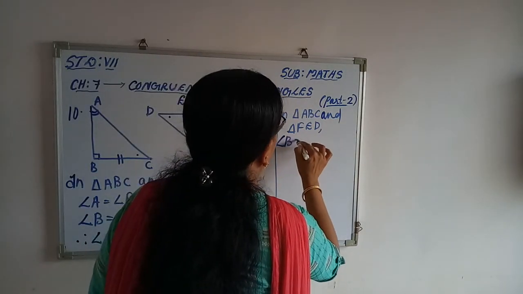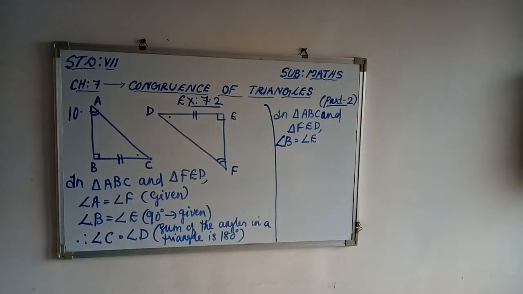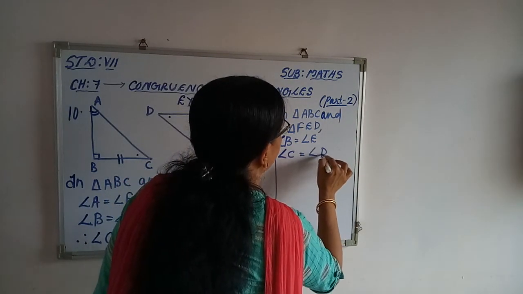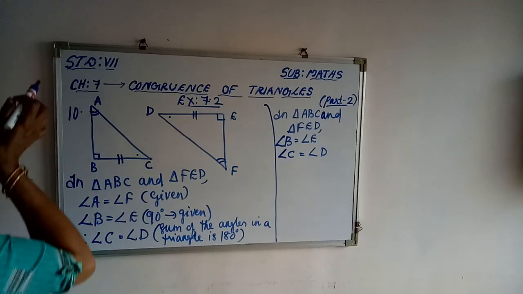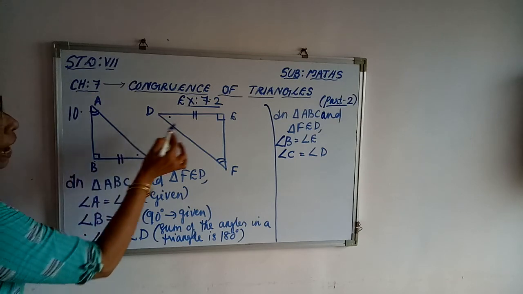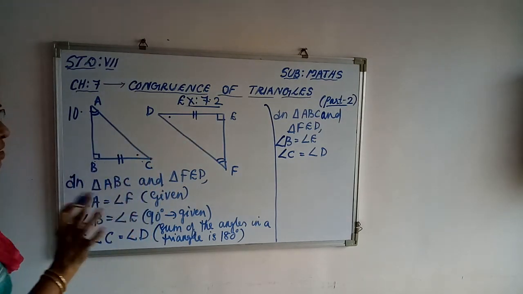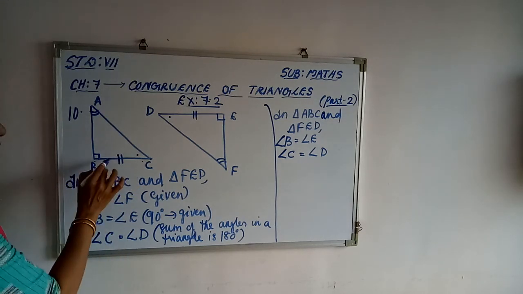Now, just now we got angle C is equal to angle D. Which is the included side of both these angles?